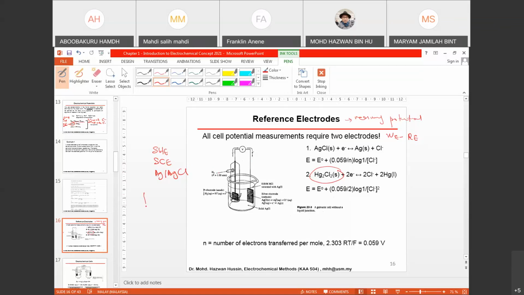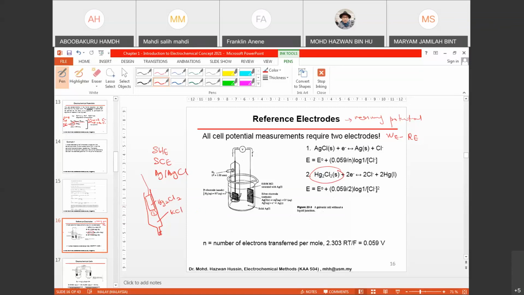So remember, in the anatomy of the saturated calomel electrode, you have a platinum wire or silver wire connected into mercurous chloride. Then you have a porous material, a septum, over here, and inside this electrode it will be filled with potassium chloride.